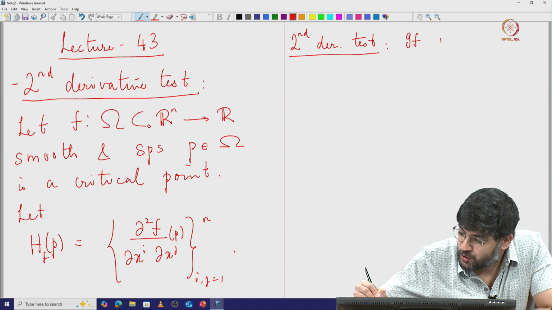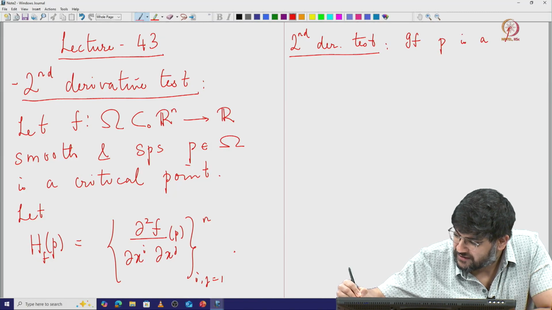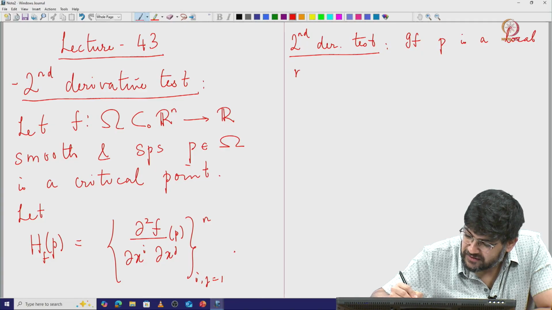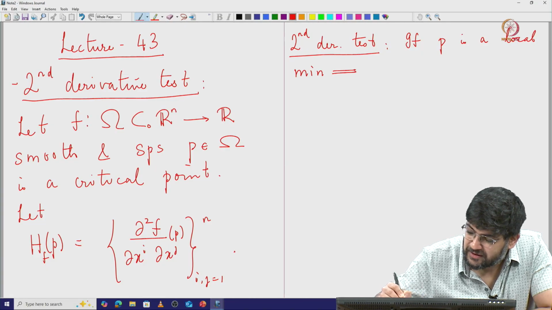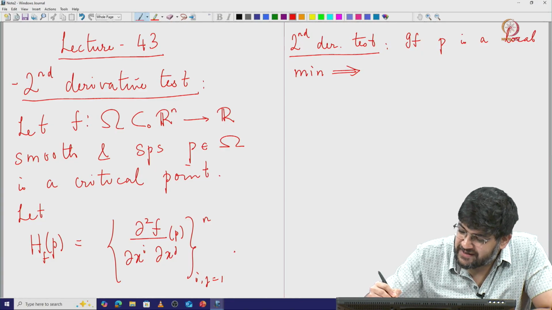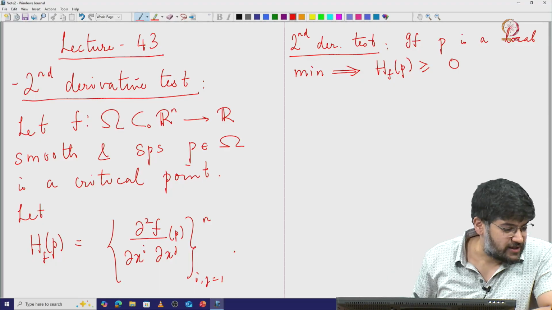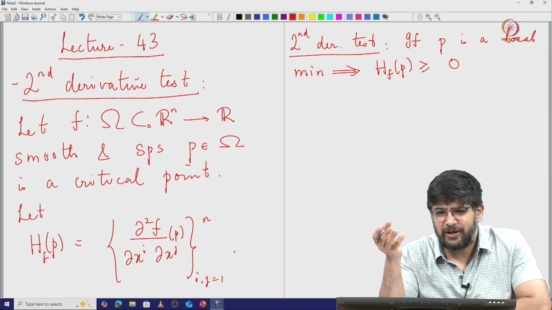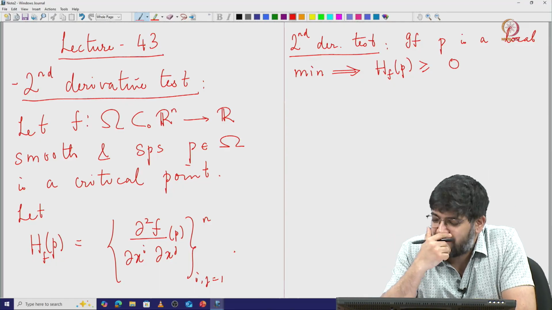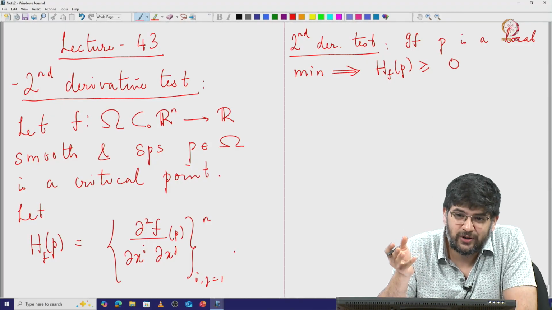If P is a local minima, then this symmetric matrix is non-negative definite. In other words, it is a symmetric matrix, so it will have n real eigenvalues, and all eigenvalues are non-negative.